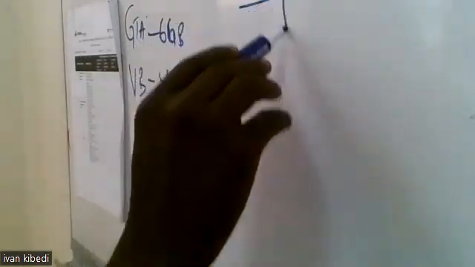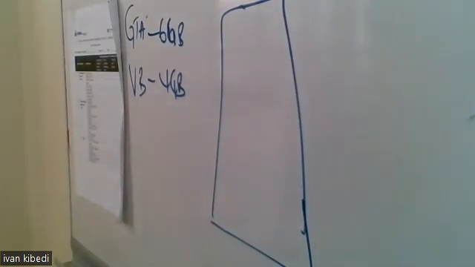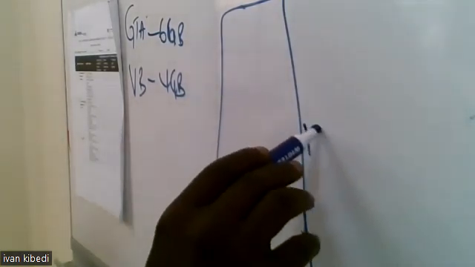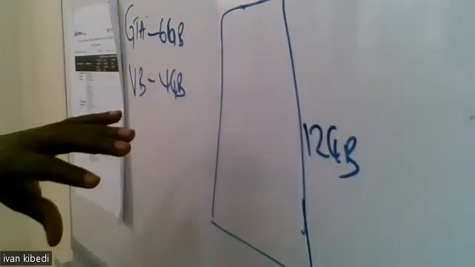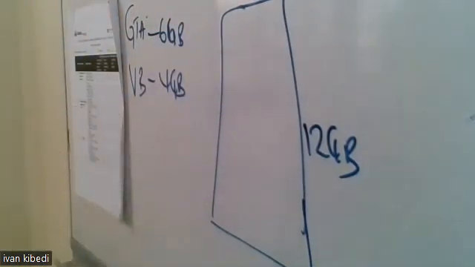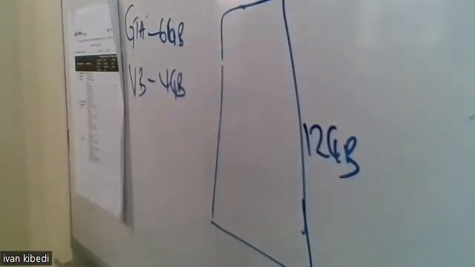So assume this is our memory here. And this time our memory, let's assume it's made up of 12 GB. That's our memory. Now, the operating system will decide to split this memory into sections. It can split this memory into sections.